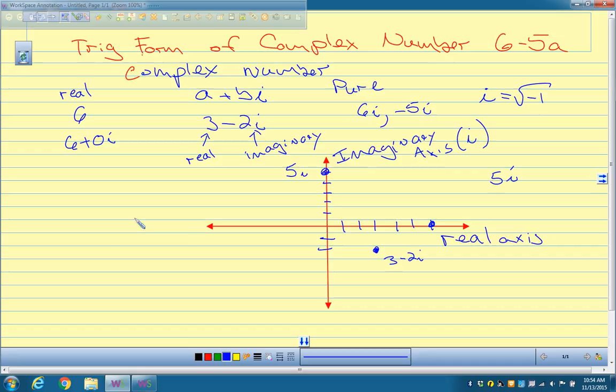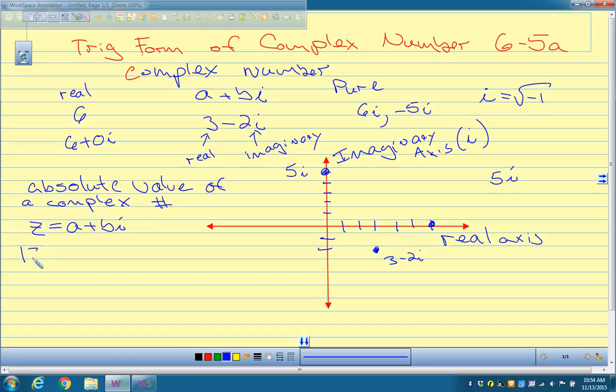So the absolute value of a complex number. If I call that complex number z, if z equals a plus bi, then the absolute value of z, you know this means absolute value, right?